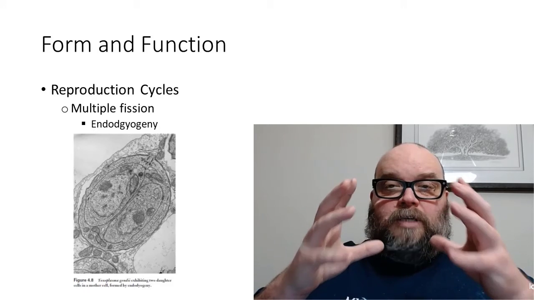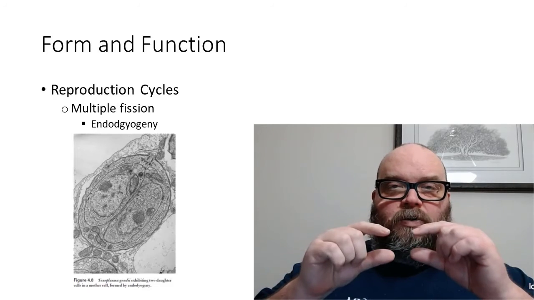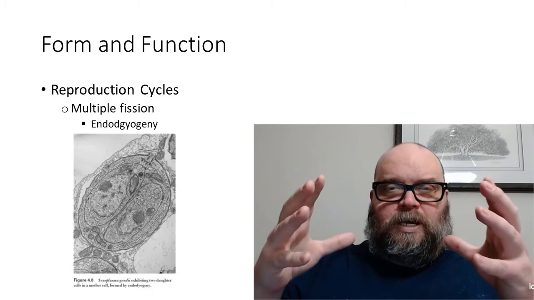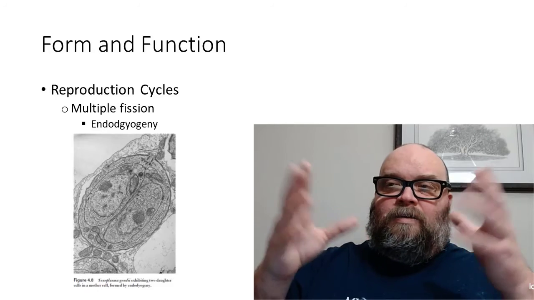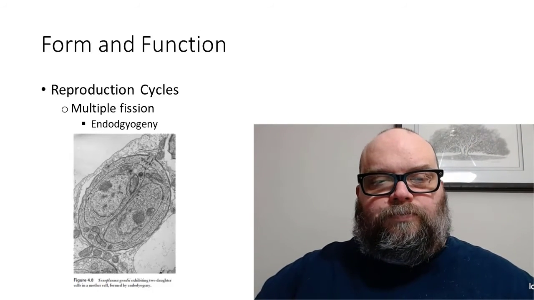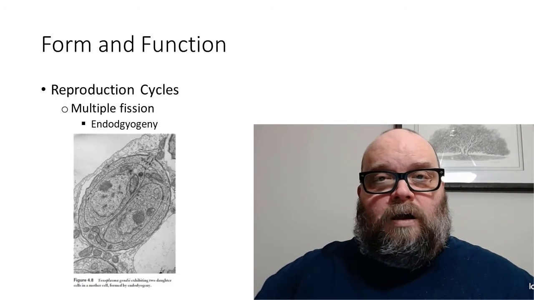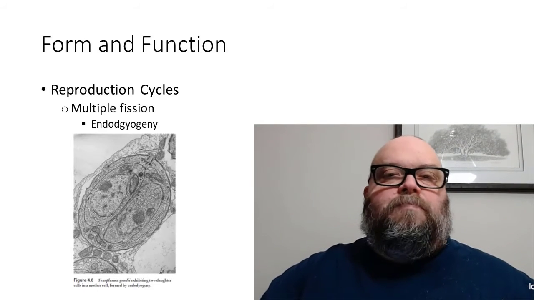The cytokinesis has occurred, but these are daughter cells still encased within the cytoplasm of the mother cell. The mother cell at some point in time will die, burst open, and release the daughter cells. But in here, the daughter cells are independent. They are metabolically active, just housed within the mother for a time.